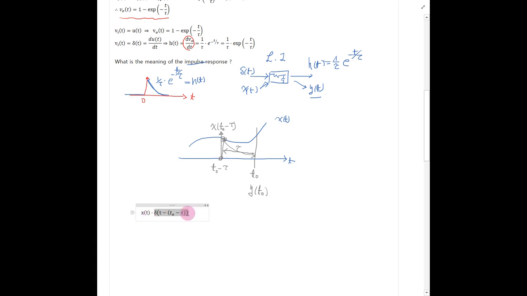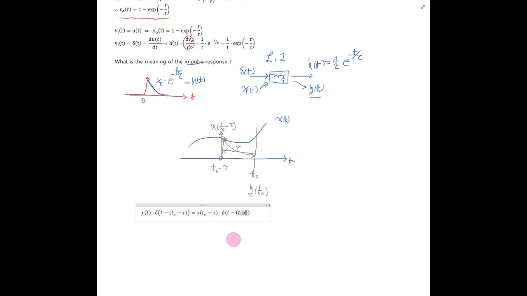Then we can write this one this way: x(t0 - τ) times δ(t - (t0 - τ)). Okay, I make it a slanted version. See that?